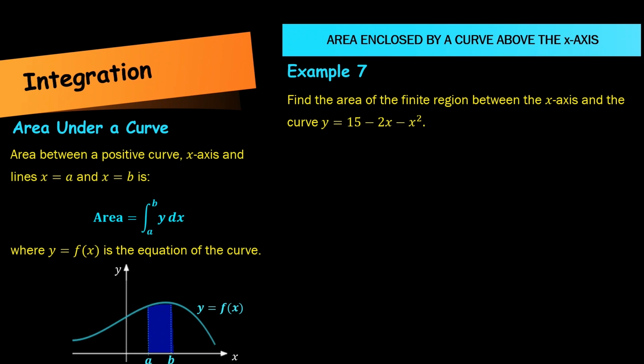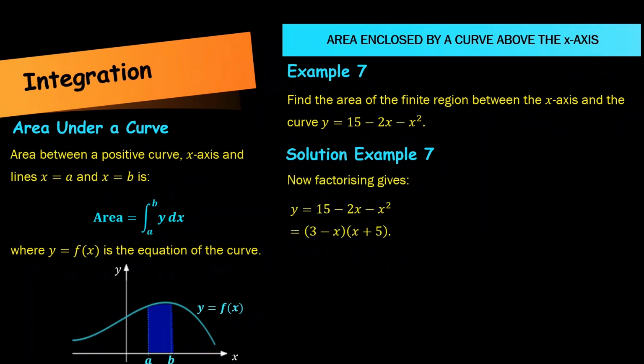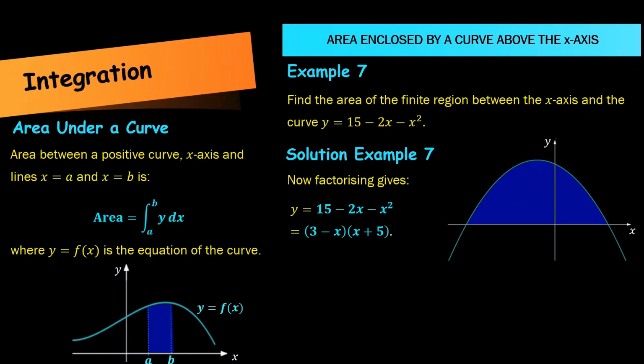So let's solve this. If we factorize this function, we obtain 3 minus x times x plus 5. The intercept with the y-axis is 15. And the curve crosses the x-axis at x equals 3 and x equals -5.